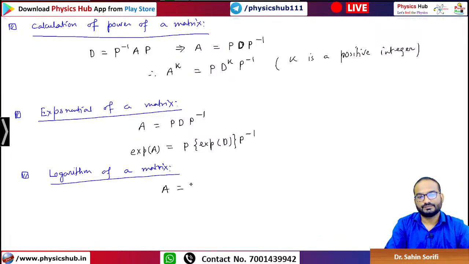A equals P D P inverse. Logarithm of A is P, logarithm of D, P inverse.